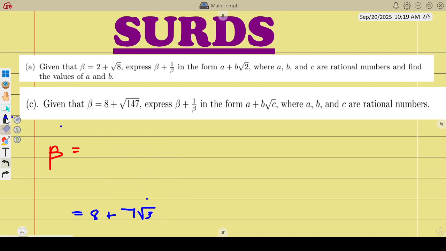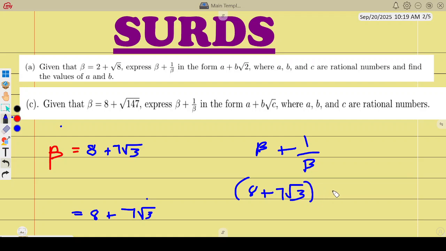So this means that b is 8 plus 7 root 3. Yeah, so now what is remaining is for you to say b plus 1 over b. This is beta. So it is just exactly like what we are doing here. So on beta, you say 8 plus 7 root 3.